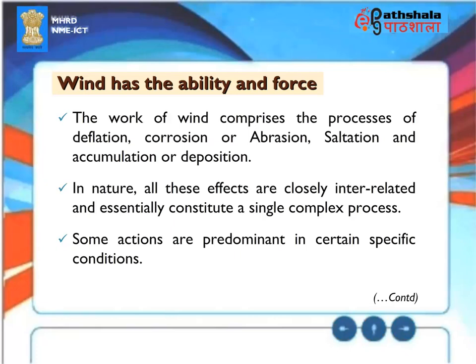The work of wind comprises the processes of deflation, corrosion or abrasion, saltation, and accumulation or deposition. In nature, all these effects are closely interrelated and essentially constitute a single complex process. Some actions are predominant in certain specific conditions.